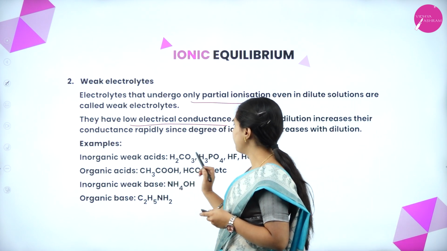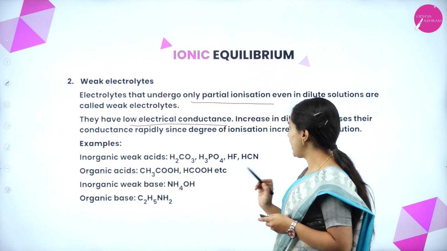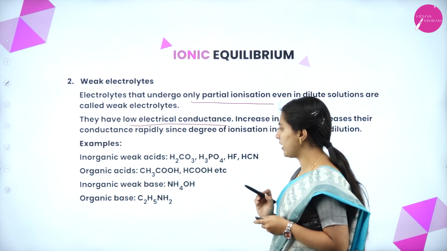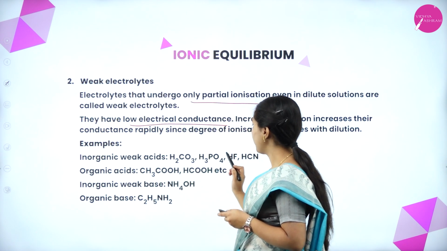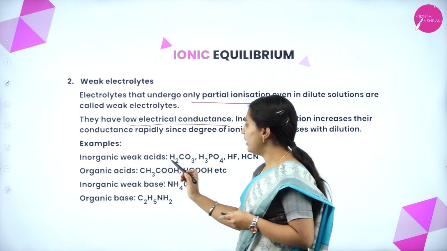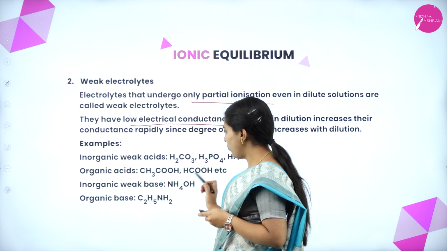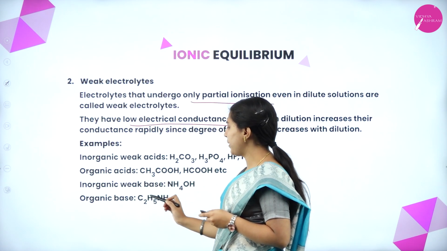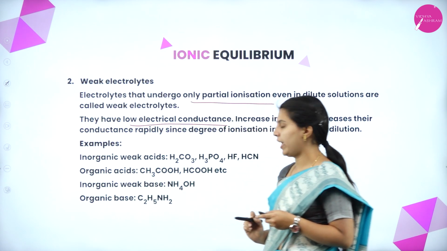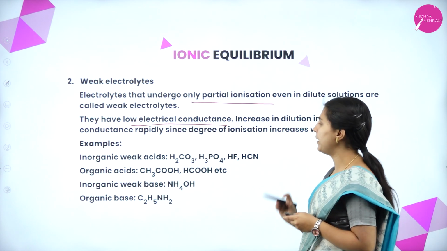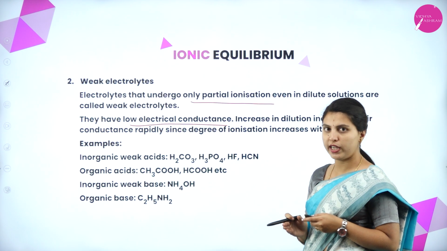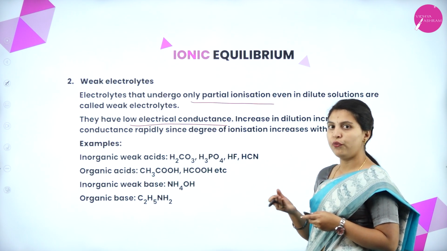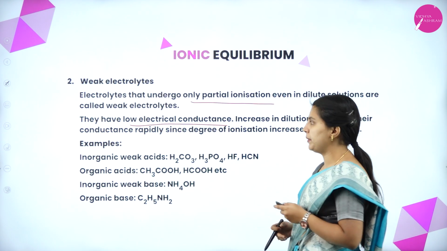Weak acids are carbonic acid, phosphoric acid, hydrogen fluoride and hydrogen cyanide, and among organic acids, acetic acid and formic acid, etc. Inorganic weak base: ammonium hydroxide. Organic base: C2H5NH2, that is the amine family. These are the explanation for strong electrolytes and weak electrolytes with their respective examples.